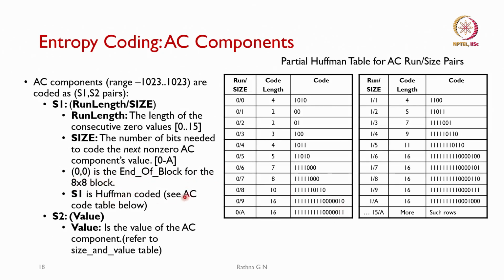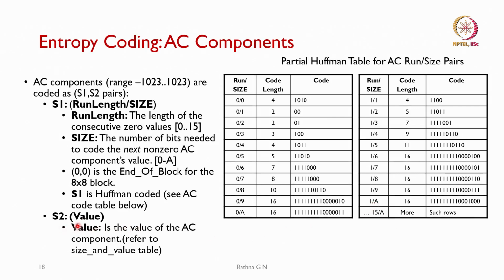So, this one is Huffman coded. You have to see this AC code table for the run size, the code length, and then the code which is going to be represented for these run size values. Otherwise, if you are transmitting this length of bits, you know how many bits are required to transmit. You will send it this way so that you reduce your code length.